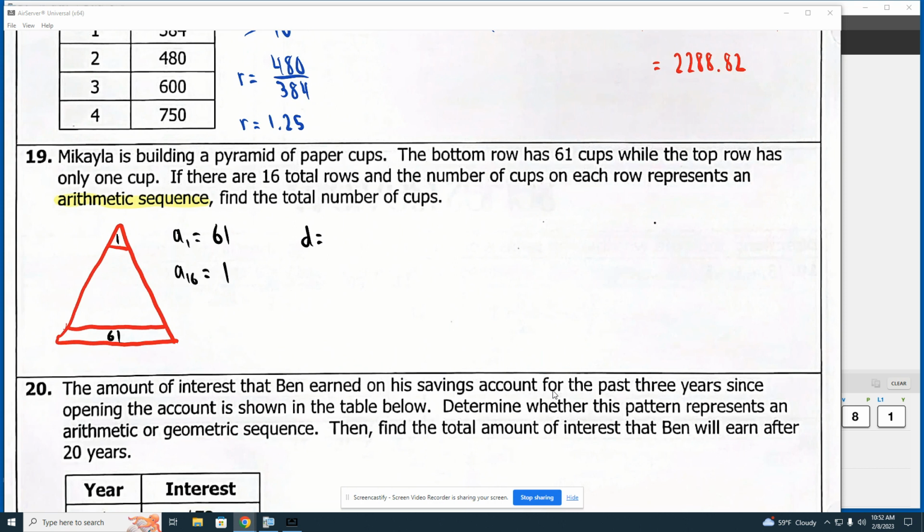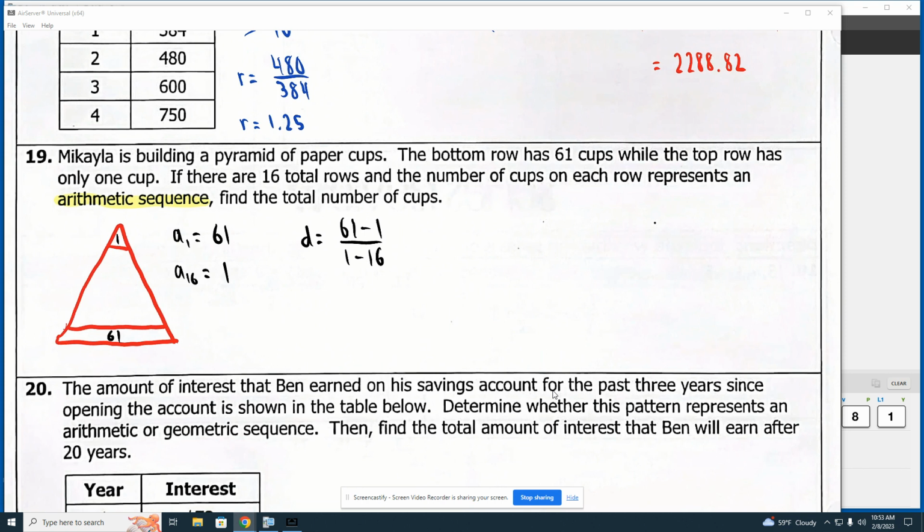So if you do, like Braden did, 61 minus 1, since I went in that order, I have to do what? 1 minus 16. If I had done 1 minus 61, that's fine, but you would have had to do 16 minus 1. Your orders have to match. You can't compare apples to oranges on top and oranges to apples on the bottom. It's got to be compared correctly.